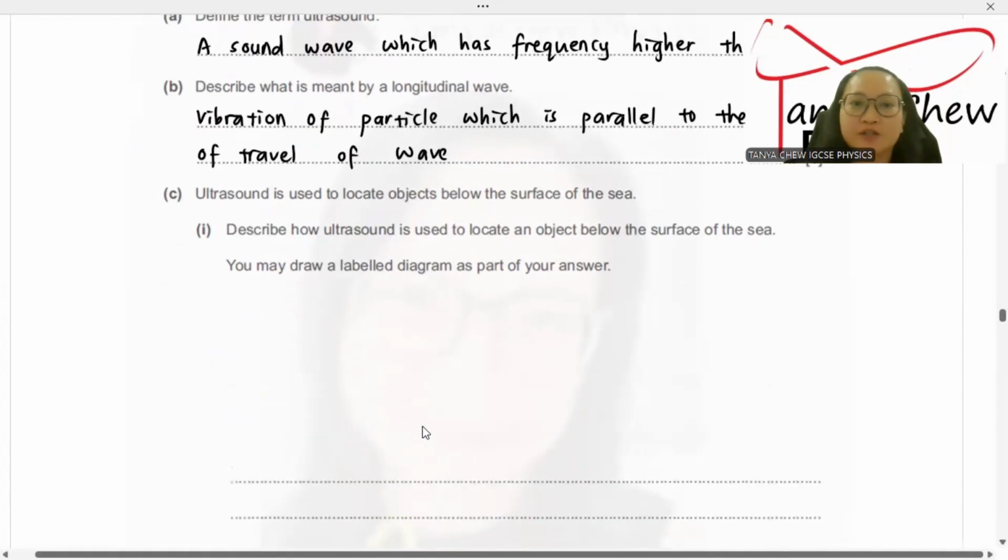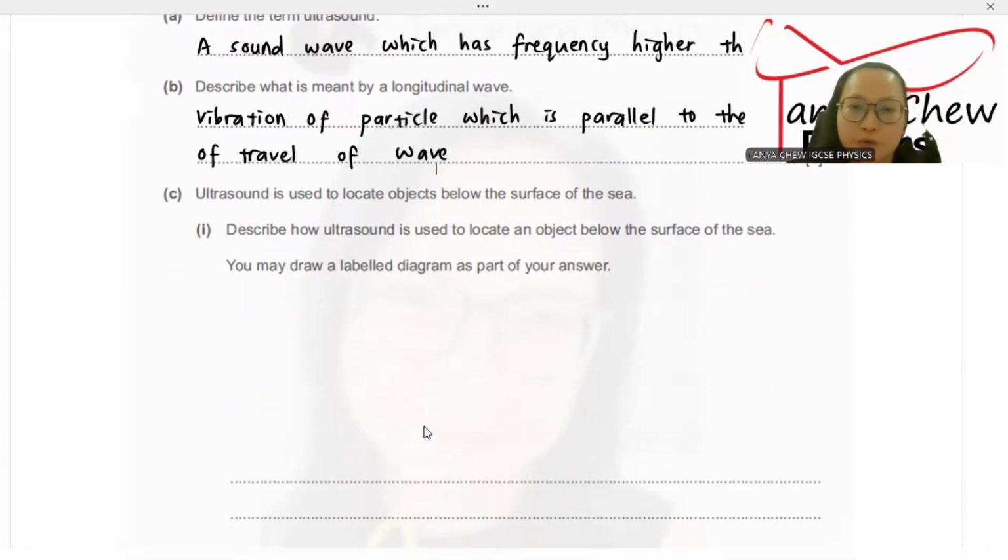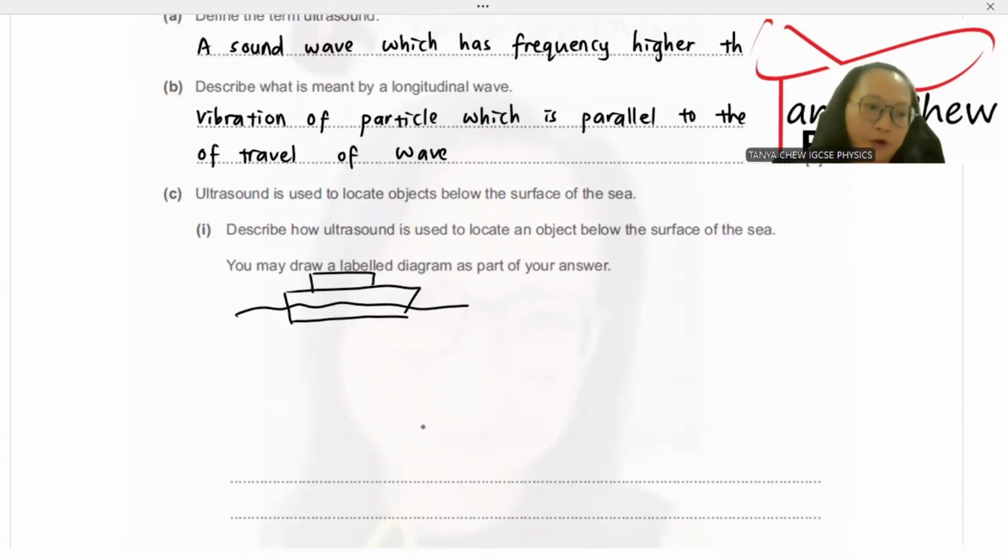C, ultrasound is used to locate objects below the surface of the sea. First part, describe how ultrasound is used to locate an object below the surface of the sea. You may draw a labeled diagram as part of your answer. I am definitely going to draw it. So this is the boat or a ship. I'm not good at drawing, but still I'm going to draw it. This is water, and this is an object.